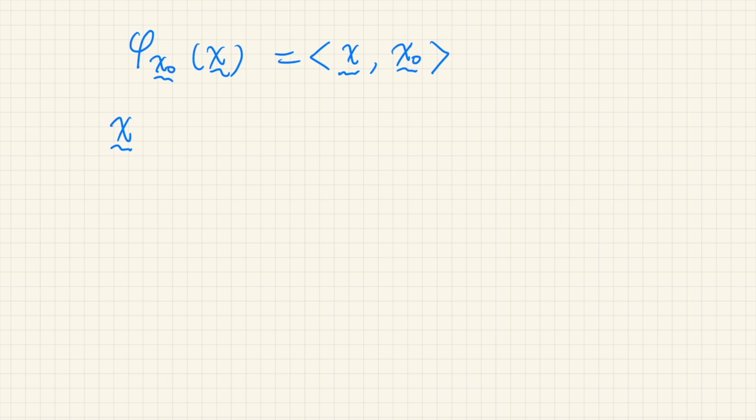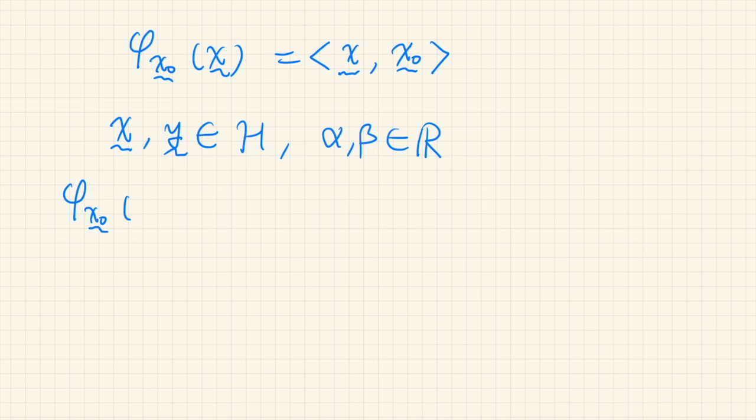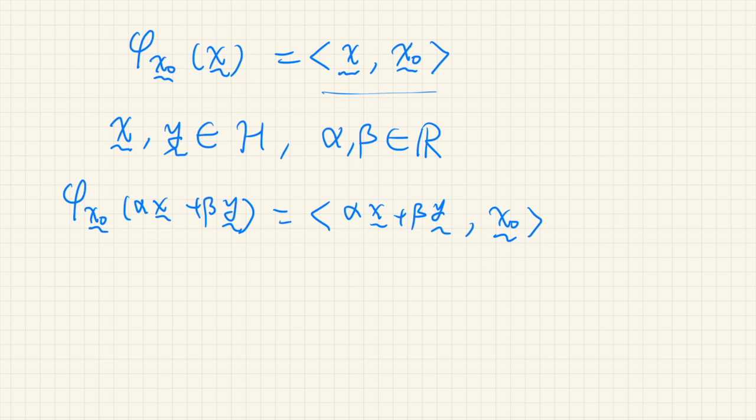Okay, so x and y are any elements in H, and let's say alpha and beta are any real numbers. Then phi x0 of alpha x plus beta y is, according to the definition of this map, the inner product of alpha x plus beta y with x0.